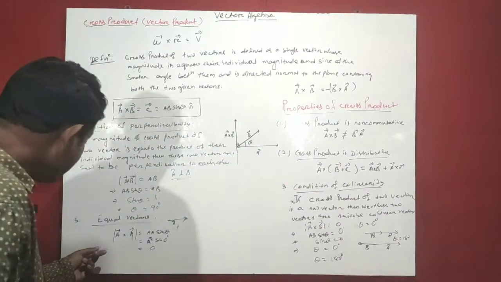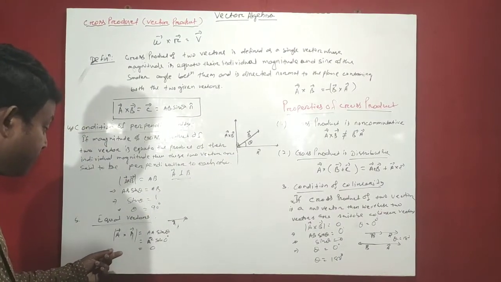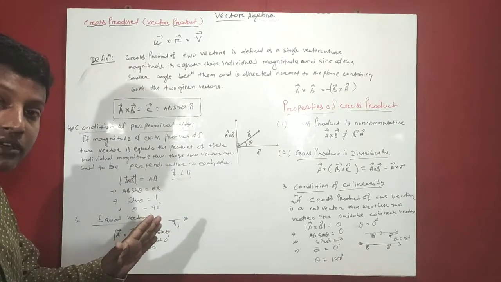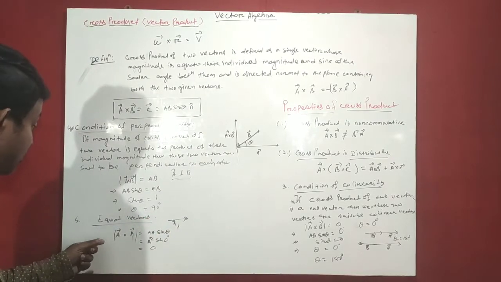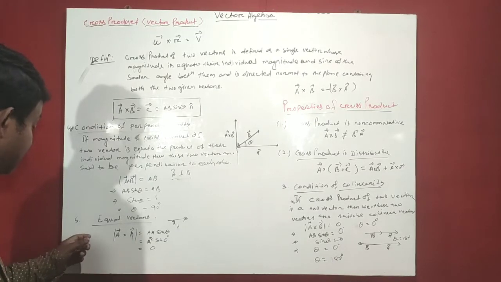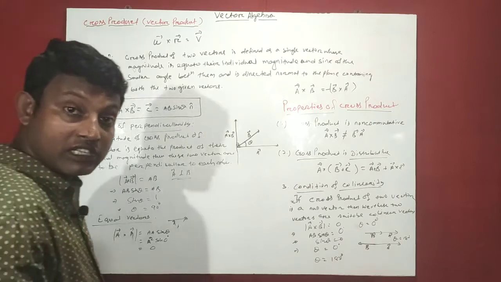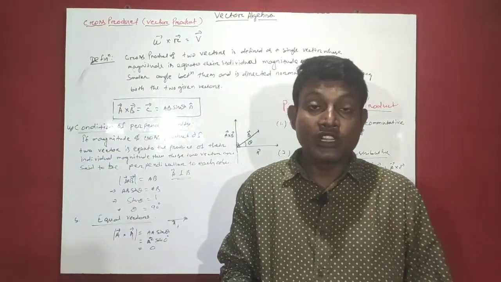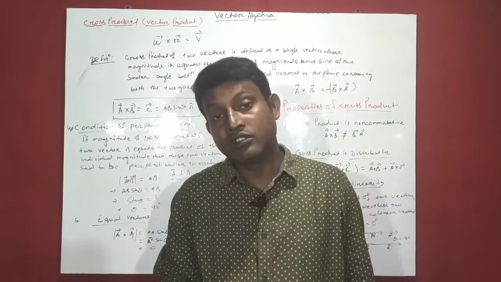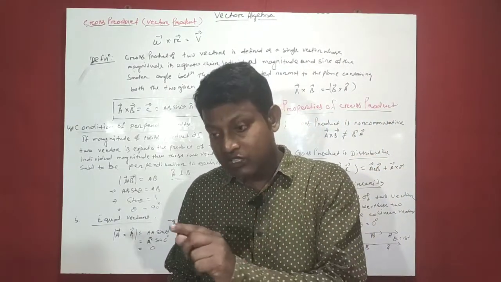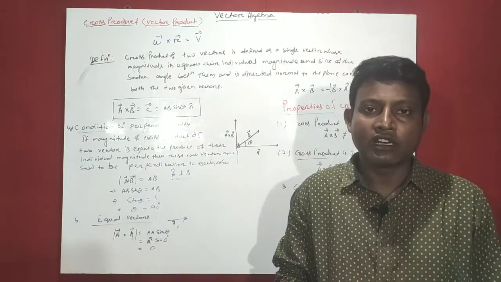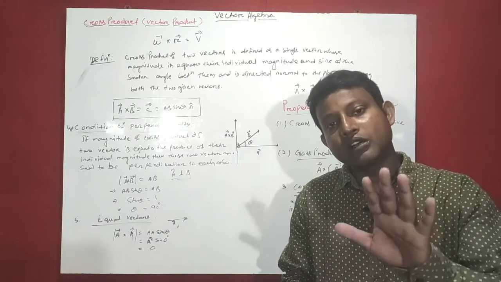But when these are not equal vectors, this is not proving the condition of equality. We can say that if the magnitude of the cross product of two vectors is equal to 0, we cannot say that these vectors are equal, but we can say that these vectors are collinear.